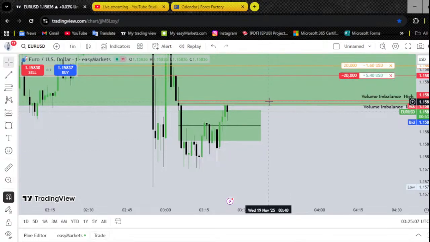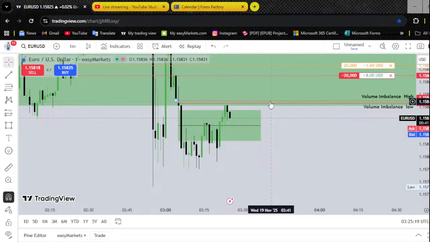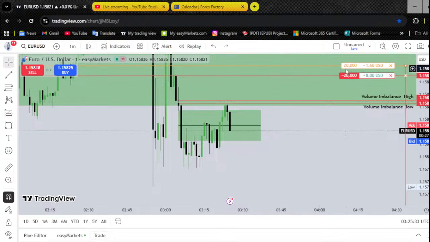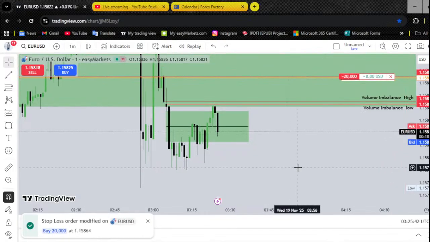We get done with it. I place my stop loss at break even, because even with the spread, it should not come past here.